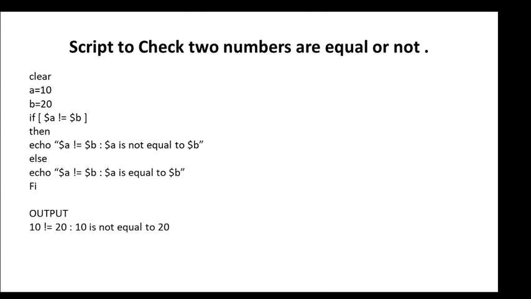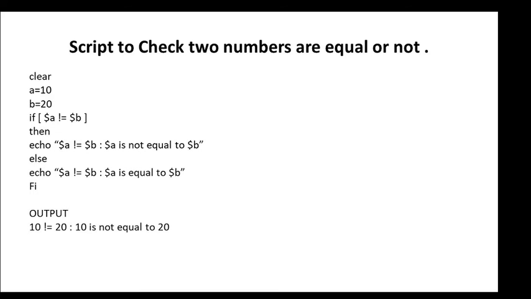Next example is a script to check whether two numbers are equal or not. Clear. A is equal to 10, B is equal to 20. We have initialized the values A equals 10, B equals 20. If A is not equal, this is the symbol, the operator that is used to check for not equals.